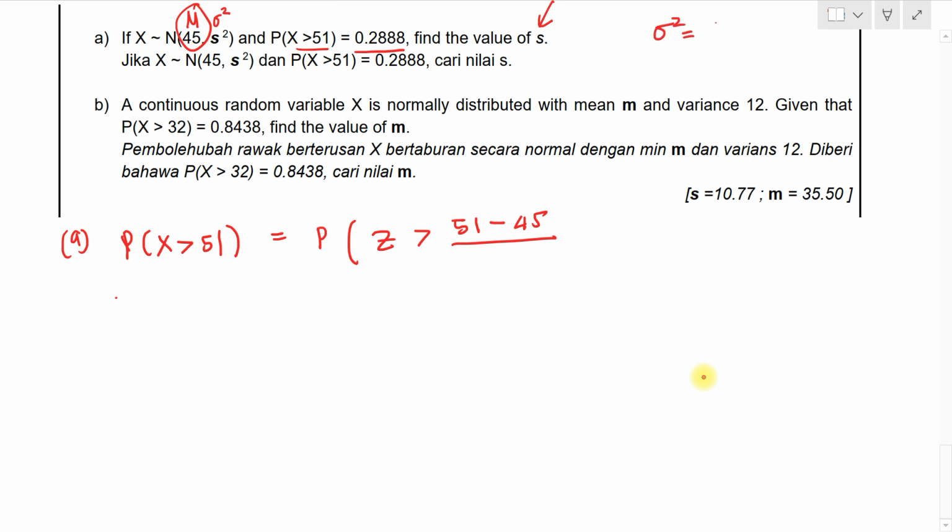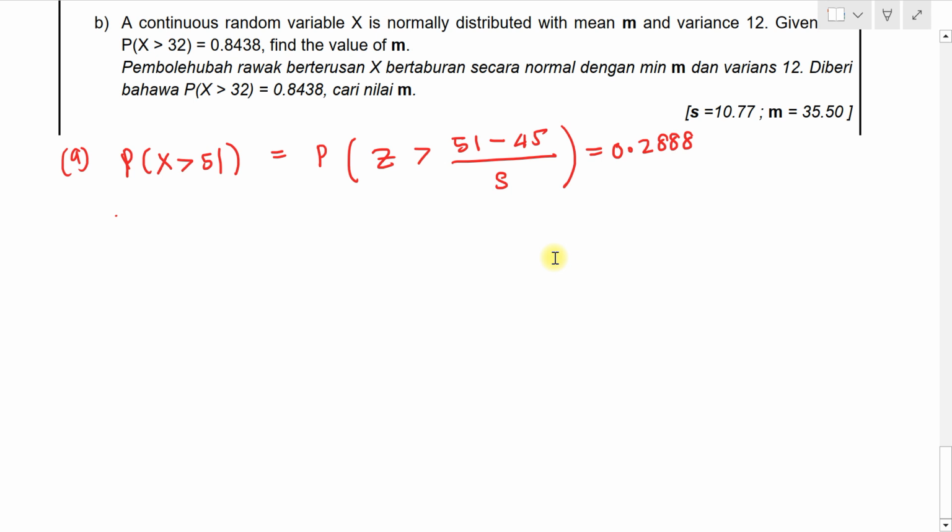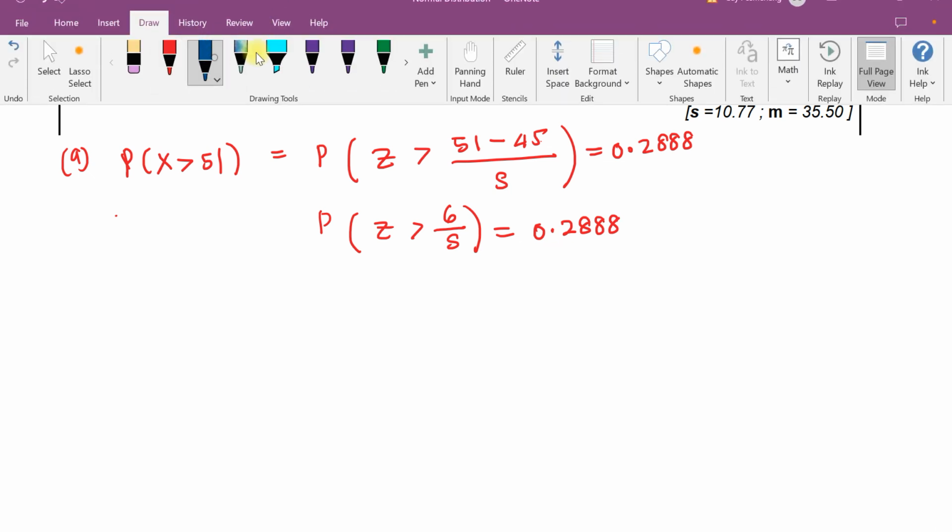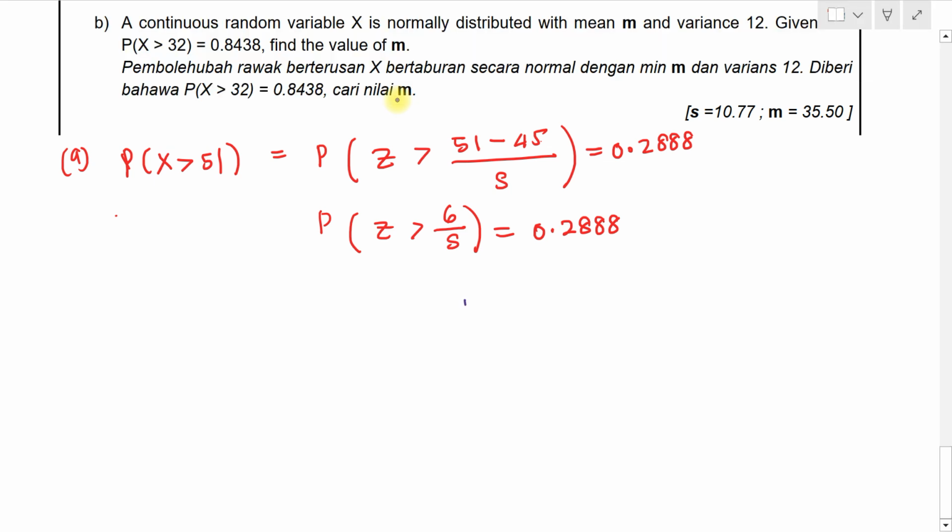If the variance is S square, so standard deviation should be S, which we don't know. And the answer is 0.2888. Okay. So how to do this? Okay. We try to simplify first. 51 minus 45, 6 over S. 0.2888. Okay, now we need to find the Z score. Something like we need to find the Z score, but partially we already found it, but it's okay. What we can do now, you try to sketch this first.